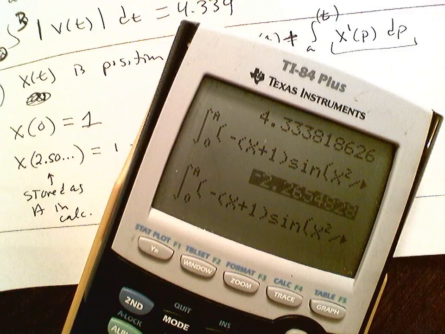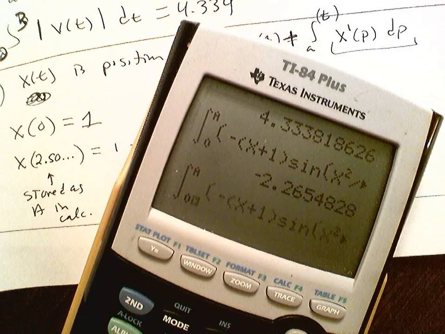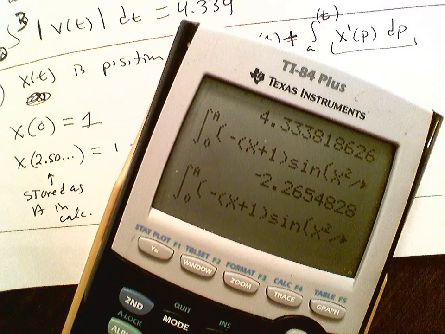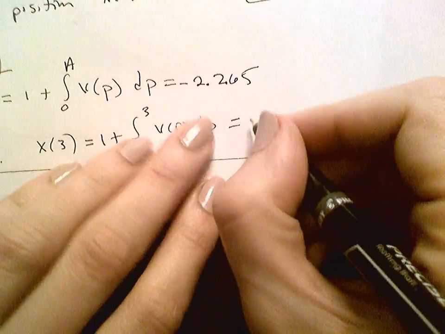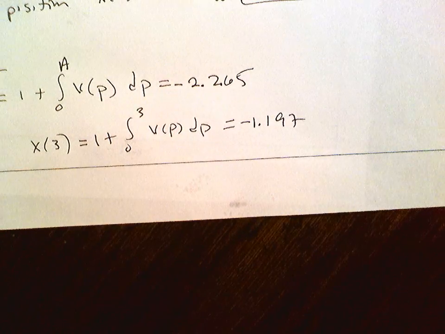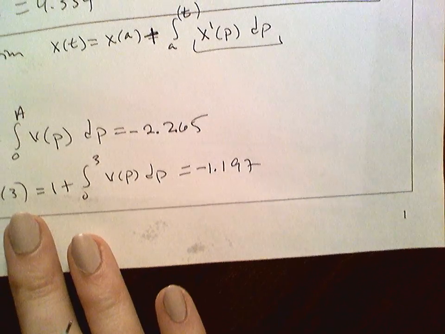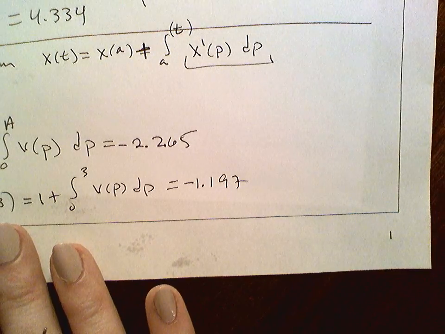Oopsie. Why can't I? Oh, there we go, to 3. And I got negative 1.197.